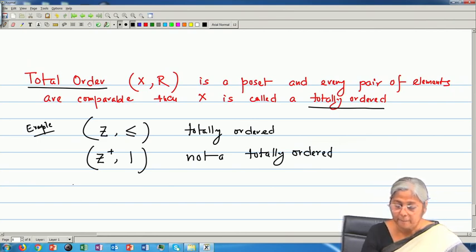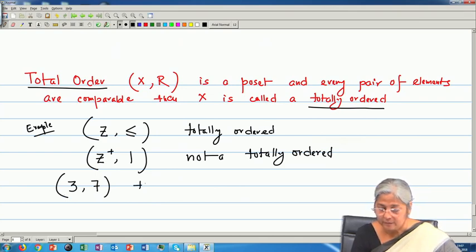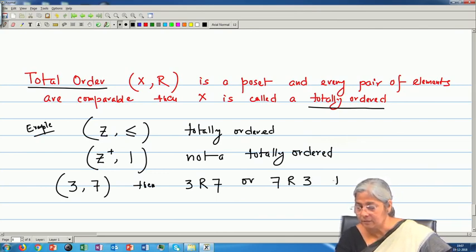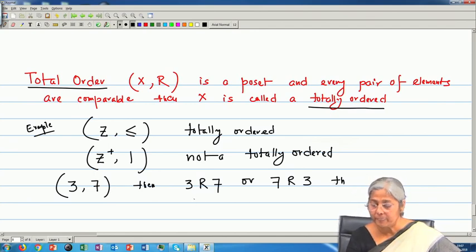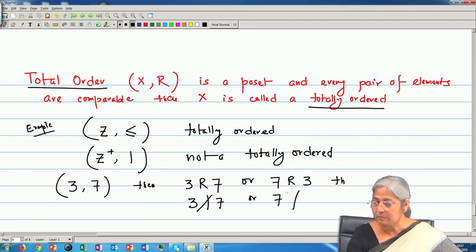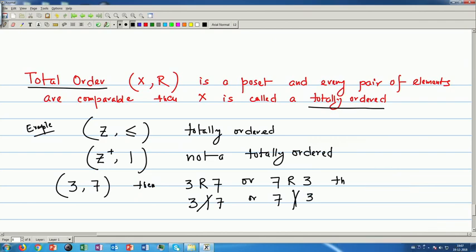Since if I consider say 3 and 7, this pair, 3 does not divide 7 or 7 does not divide 3.